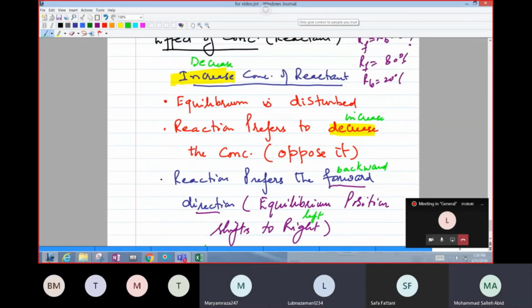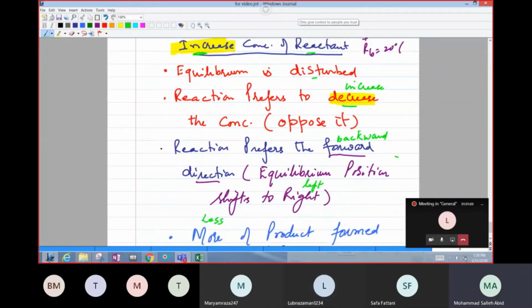See, if you are increasing the concentration of the reactants, what will happen? The first thing is your equilibrium is disturbed. We know that. Why? Because the concentration of the reactants should be constant and you are changing it. So what will the reaction do? The reaction will try to do the opposite. You have increased it, the reaction will try to decrease it.